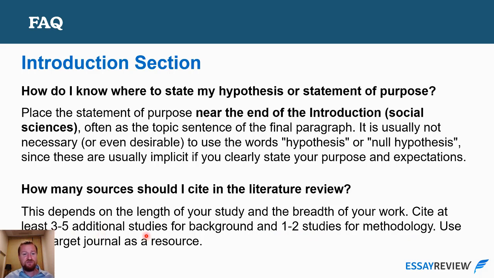But if you're going into many more studies, just make sure that they're brief and that they're actually relevant. And when you cite them, you can just list them in the parenthetical citation, referring to your endnotes. So like 5, 6, 8, 9, 10, if they all refer to that background or that specific point that you're making. So the point is not to use unnecessary studies. And use your target journal as a resource for how many studies they use.